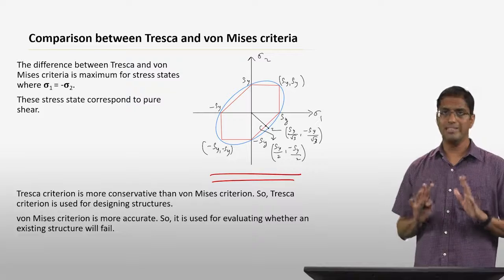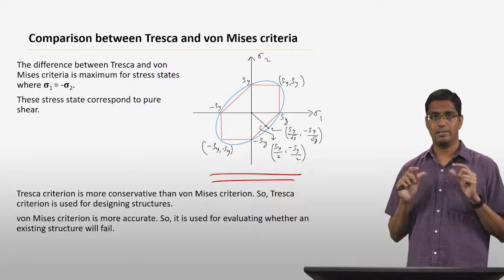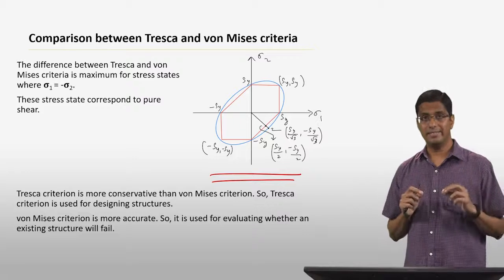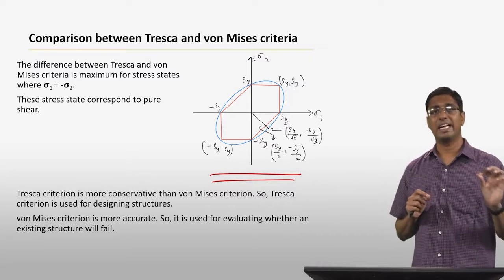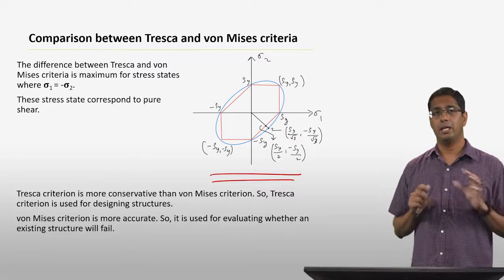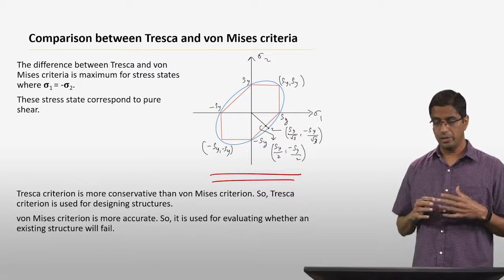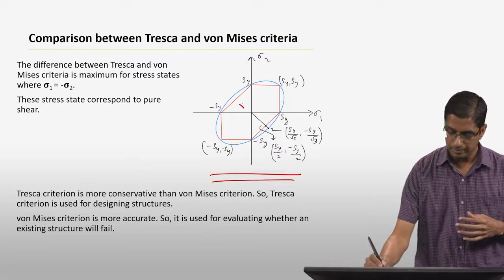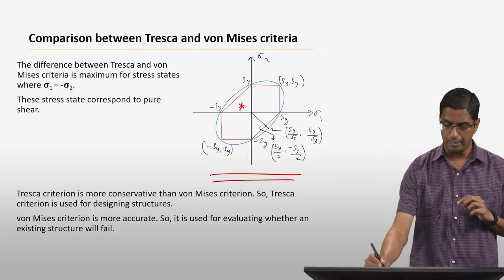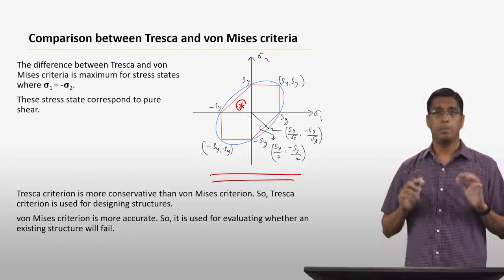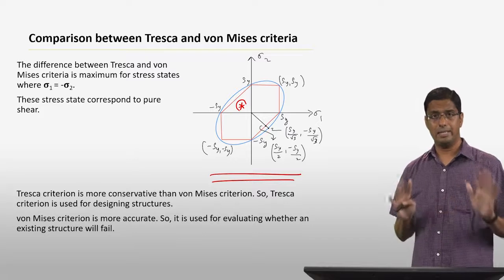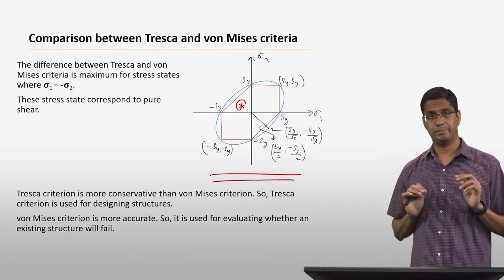So what does it actually mean for the yield surface of Tresca to be inside the von Mises? It essentially means that the Tresca criterion is more conservative than the von Mises criterion. What do I mean by more conservative? Think of a point here. If you have a stress state that corresponds to a point like this, both these criteria tell you that that particular point is not going to yield.